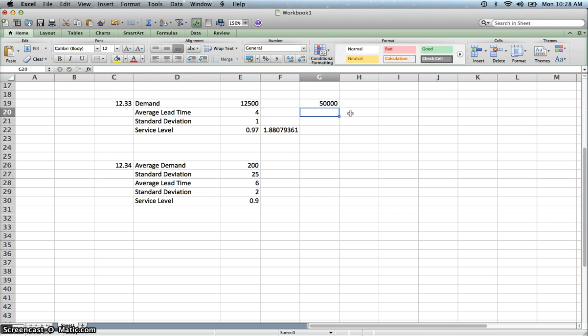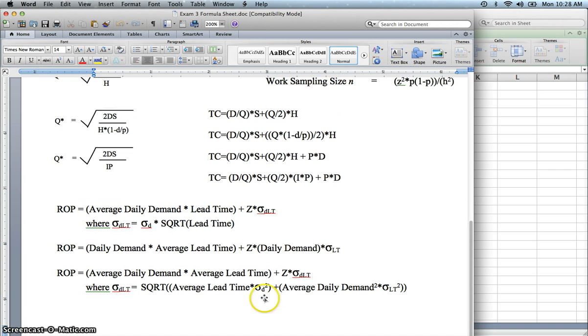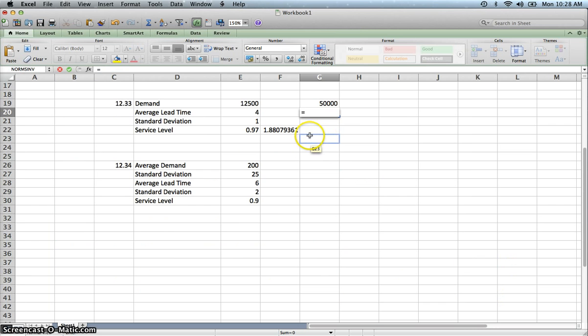So if we go back to the formula, you'll see that it's just a matter of multiplying all these together, z times daily demand times the standard deviation of lead time. So let's do this times the daily demand times the standard deviation here.